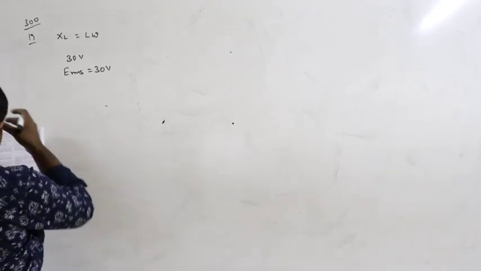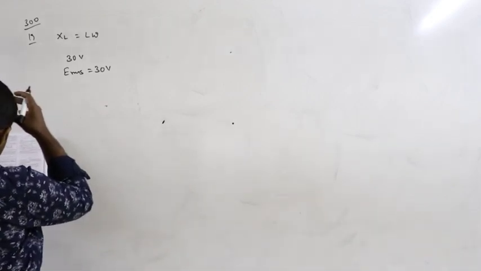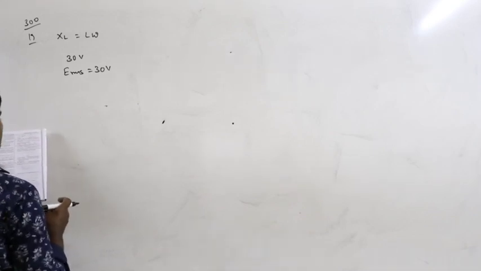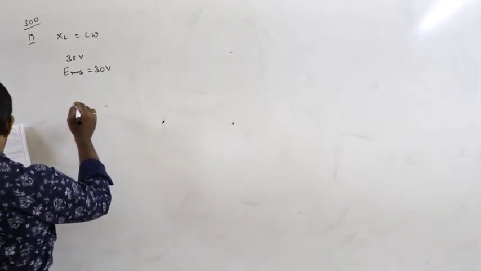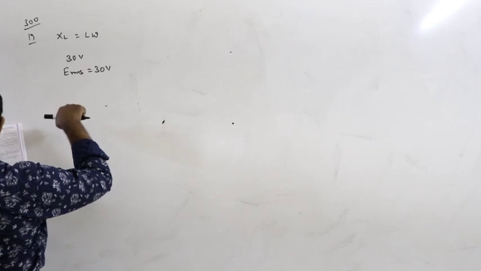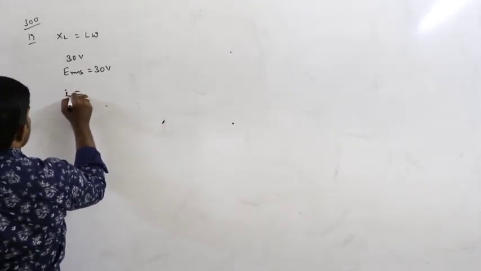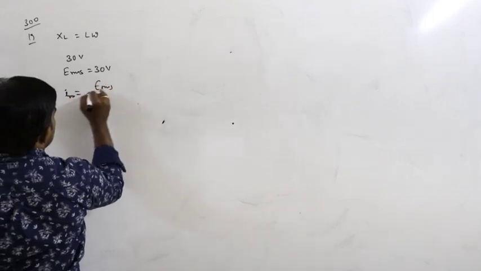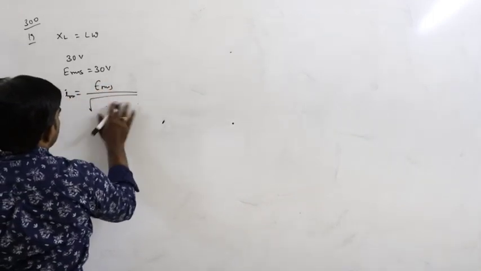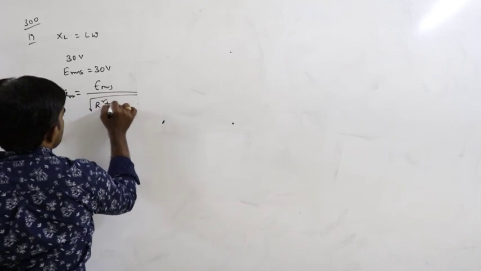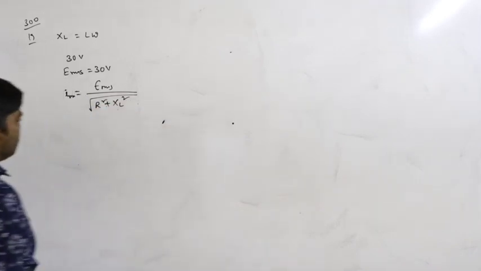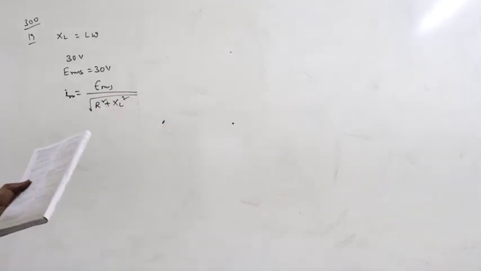Here ERMS is given as 30 volts. Then the total current IRMS can be written as ERMS divided by square root of R square plus XL square.